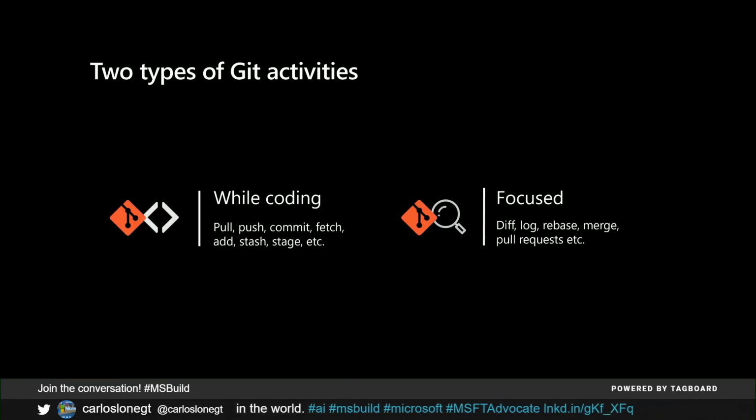Yeah, that's absolutely right. That's correct, Christina. So the other type of activities that Git users are going through are focused activities, and this is where you would want to step away from your code and use full screen real estate to focus on these activities. And for these activities today, we found out that developers jump into another tool or even use their browser to interact with them.